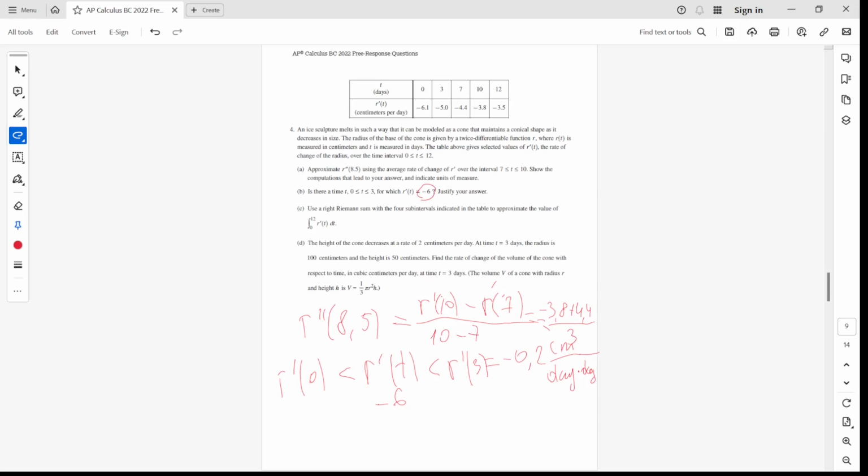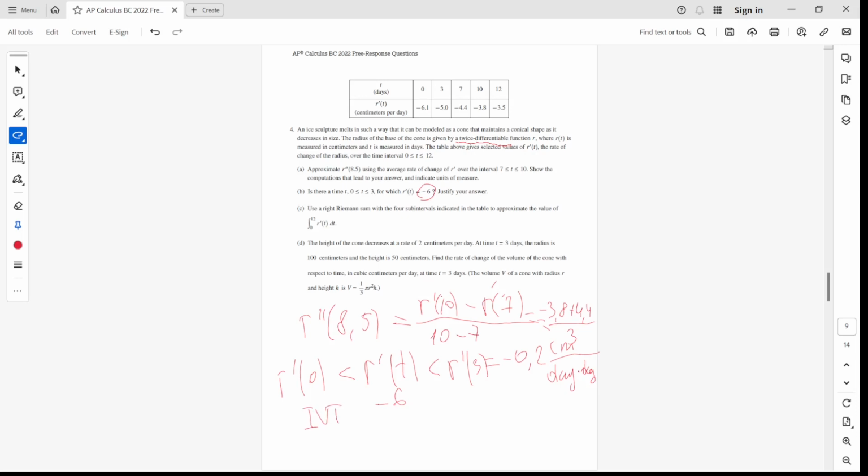And because we can twice differentiate this function, it means that it's continuous, and it also means that we can differentiate it once.